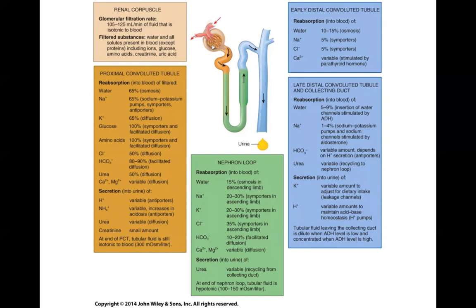We started by talking about the renal corpuscle, where we first form what's called filtrate and pull out a lot of water and a whole bunch of other stuff. Things like ions, glucose, amino acids, creatinine, and uric acid, which then travels as filtrate into the proximal convoluted tubule, where we do a lot of reabsorption, especially of water, but also things like sodium, potassium, glucose, various ions.